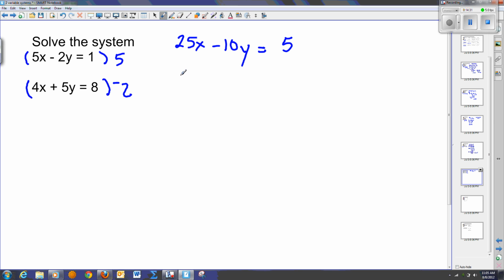Bottom equation by -2, I get -8x minus, oops, I'm going to multiply that by a +2, sorry. So I get positive 8x plus 10y. That way I have opposites. And that's going to equal 16.